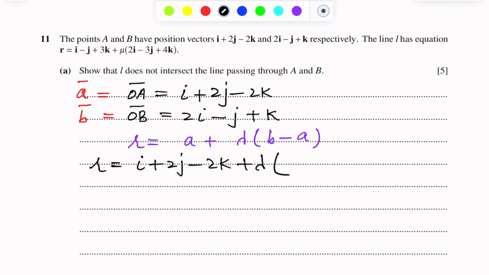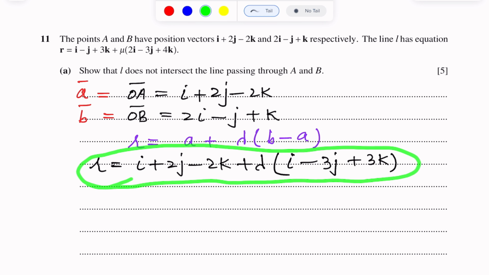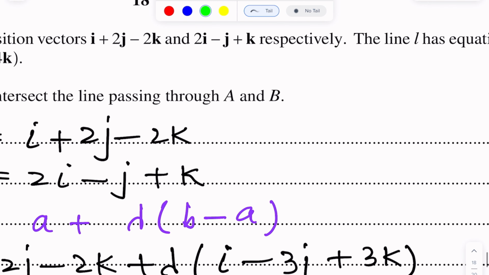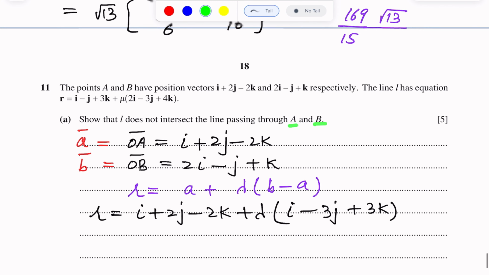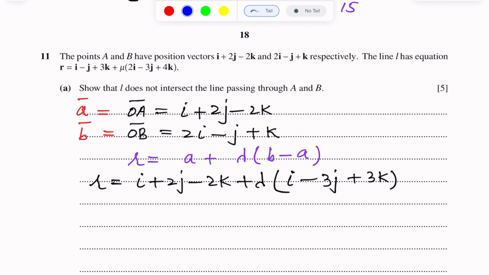After subtracting, 2i minus i is i, minus j minus 2j is minus 3j, k minus minus 2k is plus 3k. Now this is the vector equation of the line passing through A and B. This is line AB.